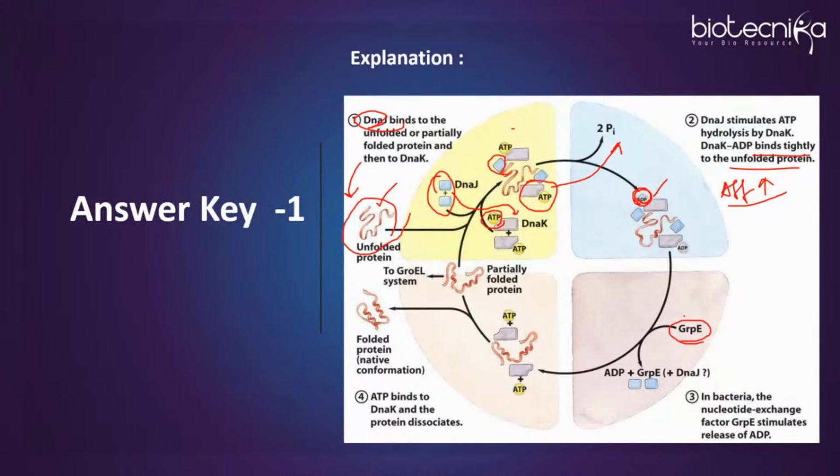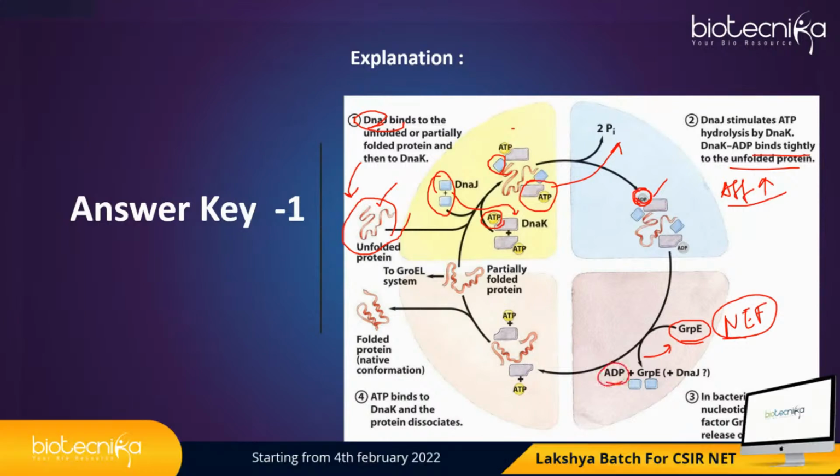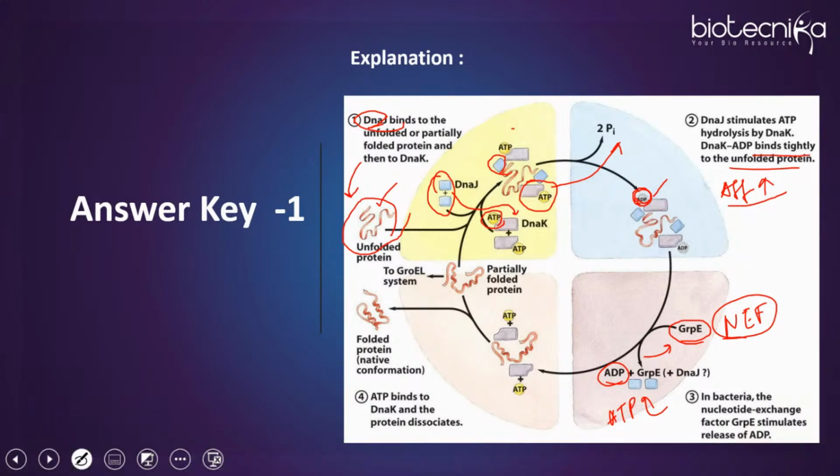Then comes GRPE. It is a nucleotide exchange factor. The nucleotide exchange factor will take out the ADP from here, and it will input an ATP. It is an exchange factor. So no, DNA J is not an exchange factor. DNA J is recruiting DNA K. Here the exchange factor is GRPE.